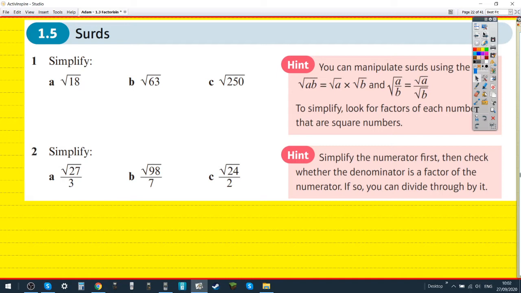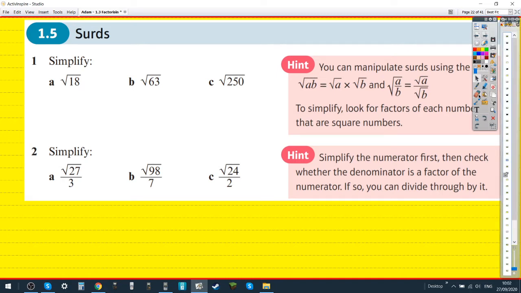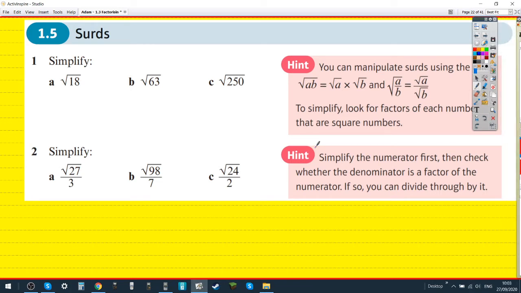How would you do 1A? You'd split it up so that one of them's a square root, right? So it'd be 9 and 2.